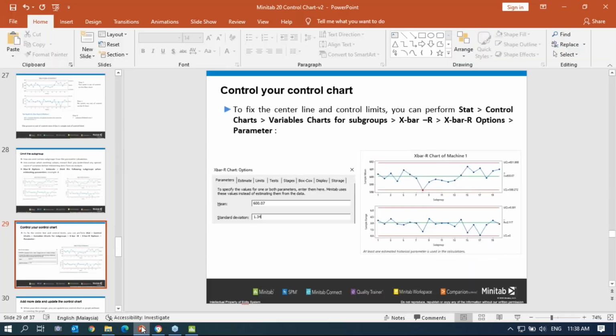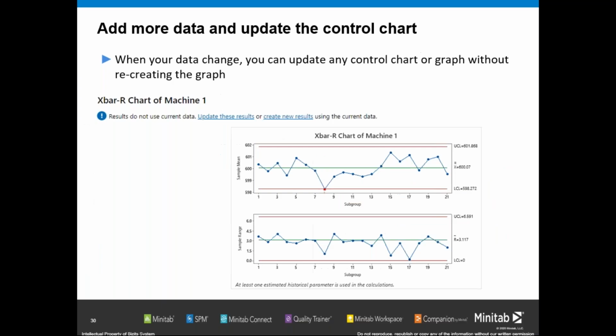The next thing for the control chart is updating. This is from version 18 or 19, I think. When your data changes, you can update any control chart or graph without recreating the graph.